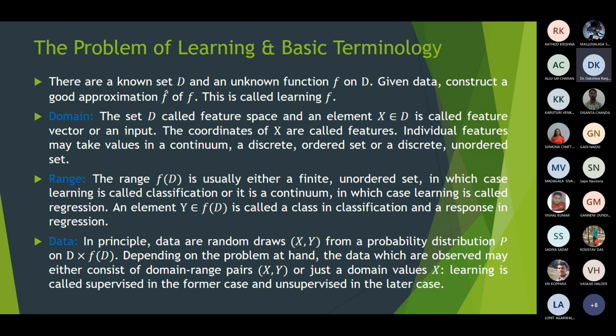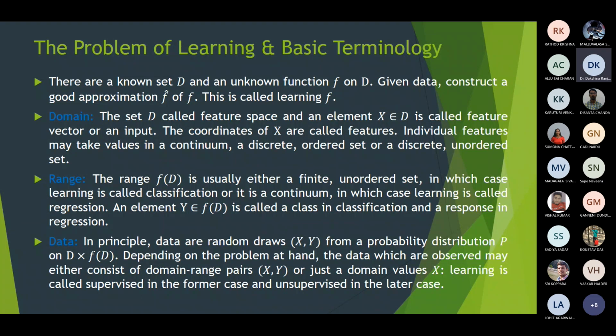Now f of d is known as this range, and the range may be a finite and unordered set, and when such a range is considered, then the corresponding learning strategy will be called classification. And when the range is found to be continuum, then the learning strategy will be called regression. Now an element capital Y that belongs to this range will be called a class in classification and response in regression.